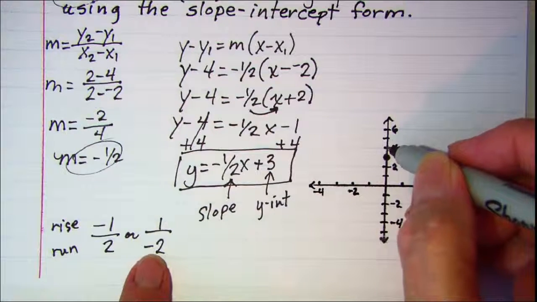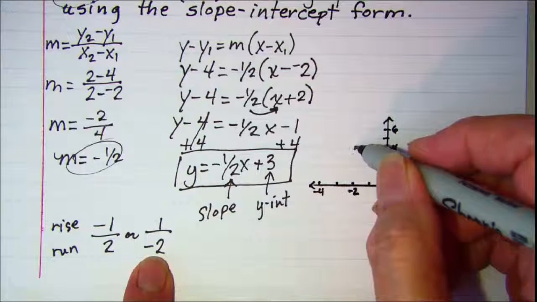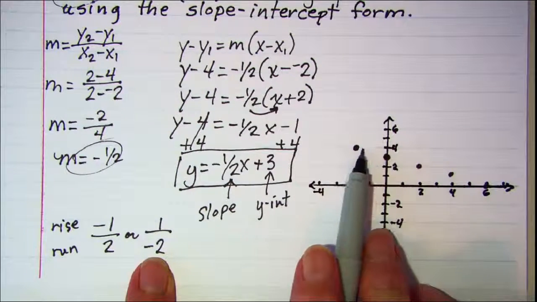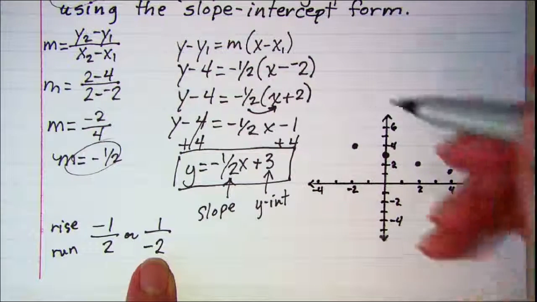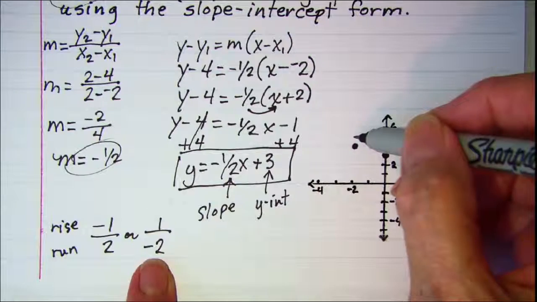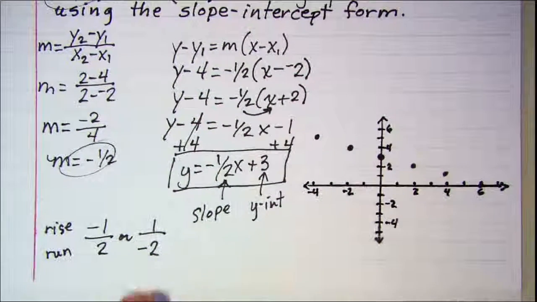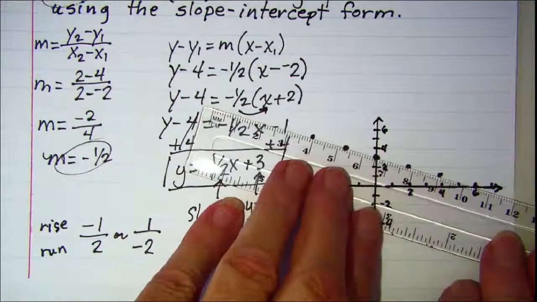And then a run of negative 2 means left 2. So my point there is right here. Notice that these points are all still collinear. So up 1, left 2. Now I can draw my line. It should be pretty accurate.